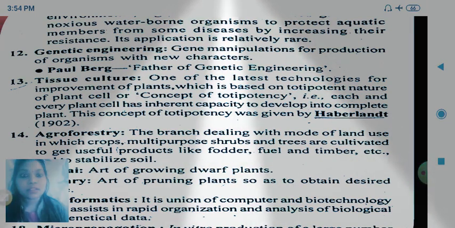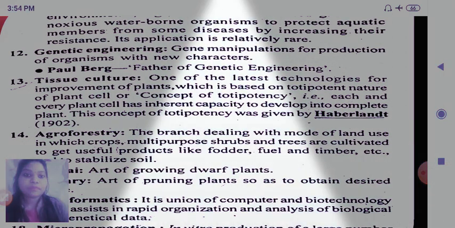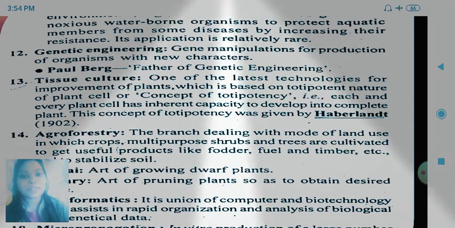That is known as genetic engineering. Then Paul Berg is known as the father of genetic engineering.